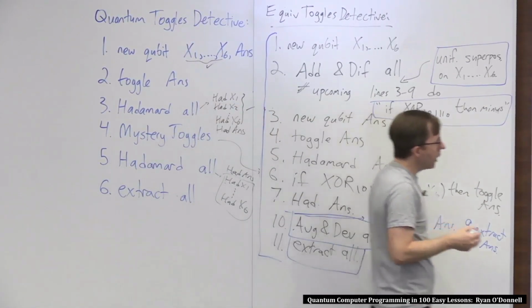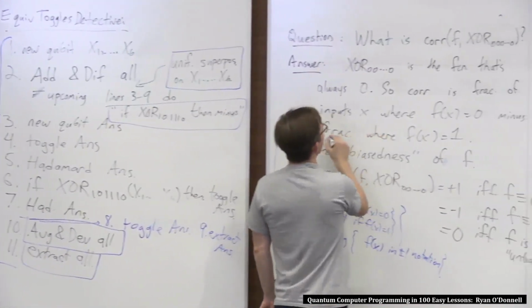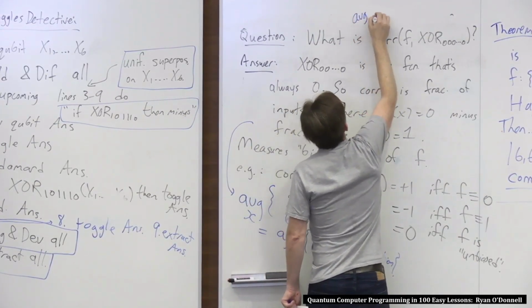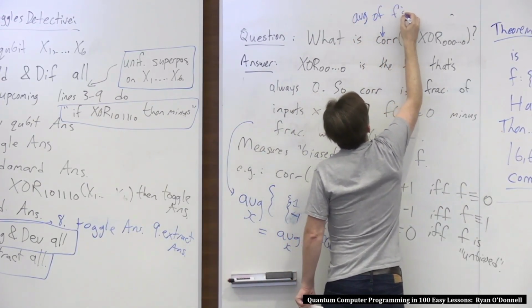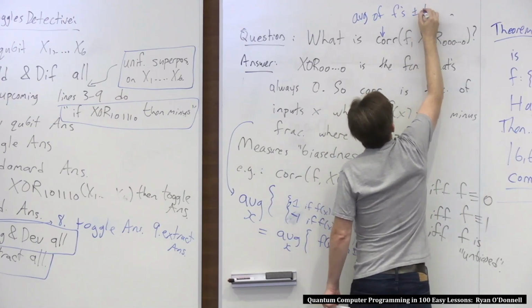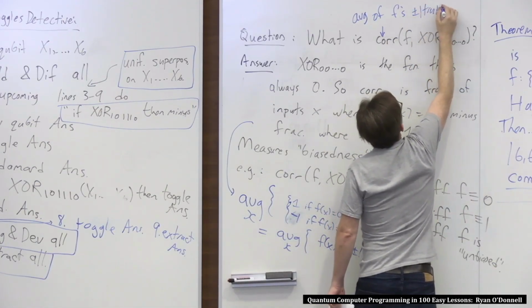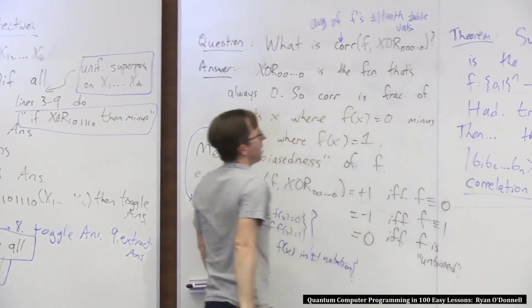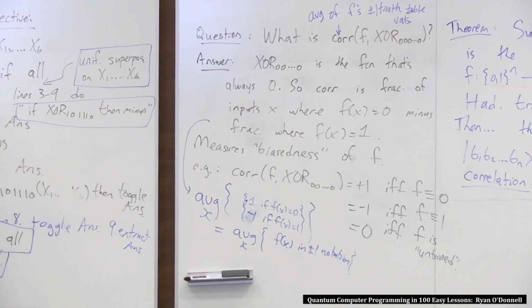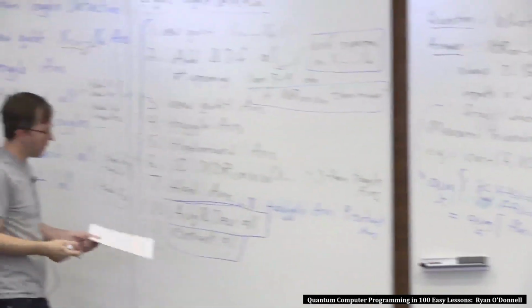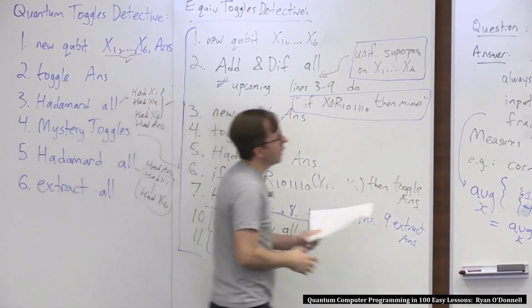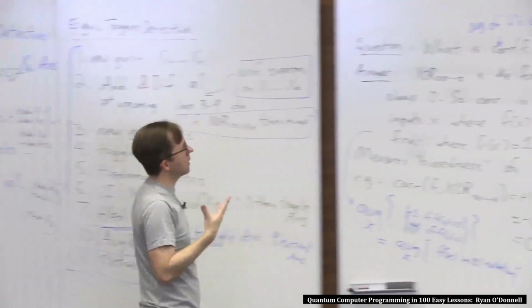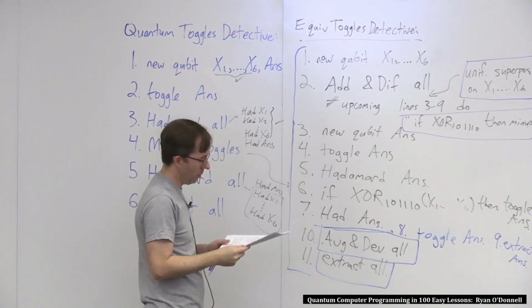So by definition, this quantity is the average of f's plus or minus 1 truth table values. Okay, so just by definition of correlation and by definition of what the plus or minus 1 truth table is, you see the correlation of f with this all zeros bit mask XOR function is the average of f's plus or minus 1 truth table values.